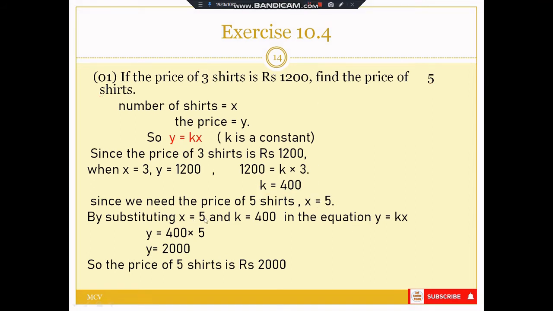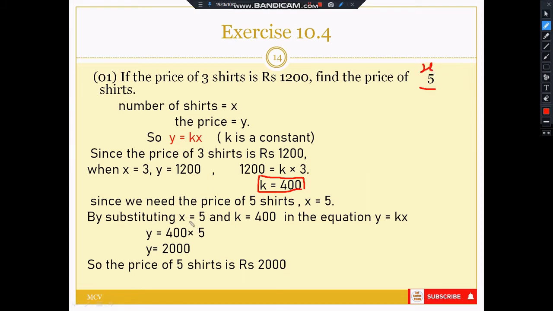Therefore, in the next part, x is 5. The value of k we got is 400.